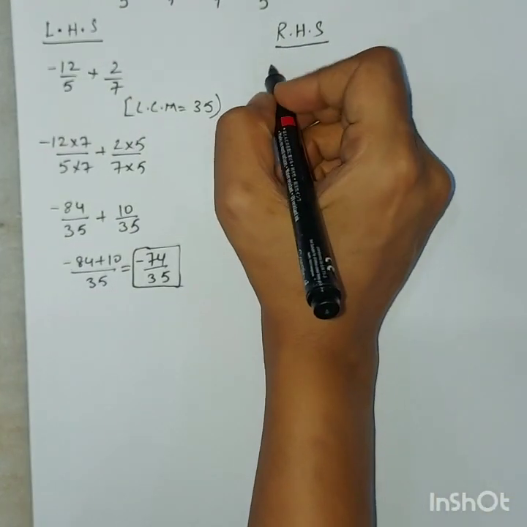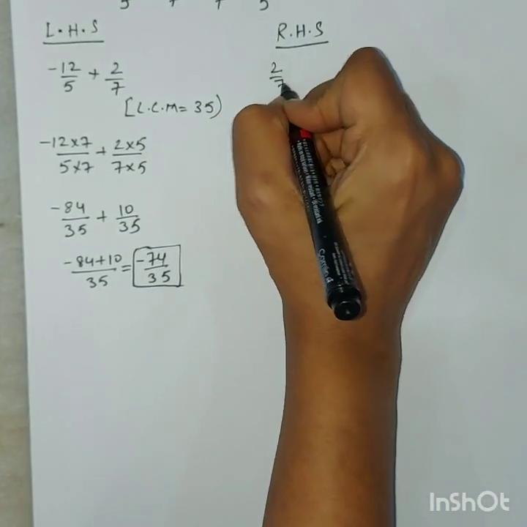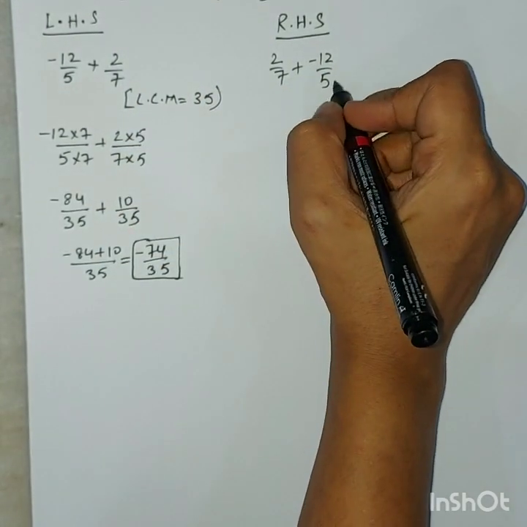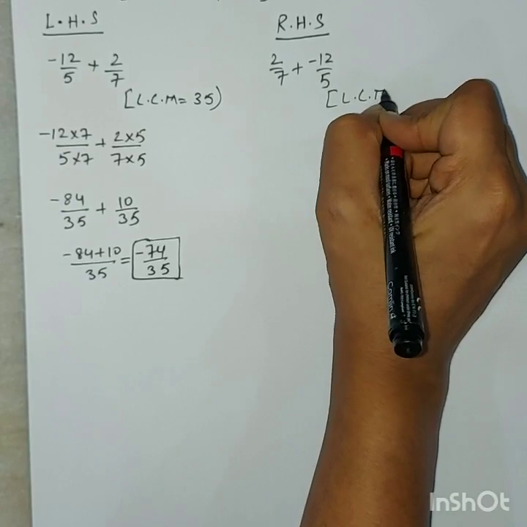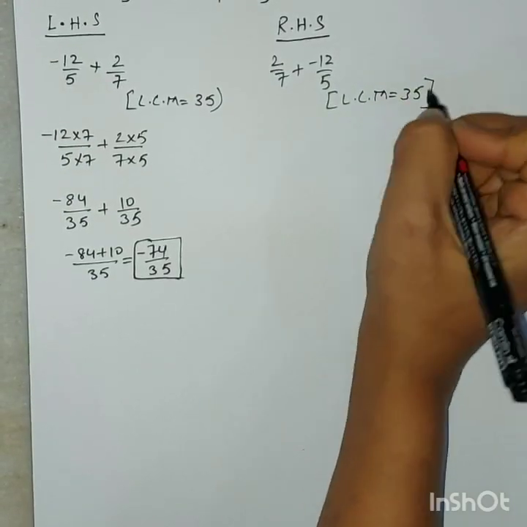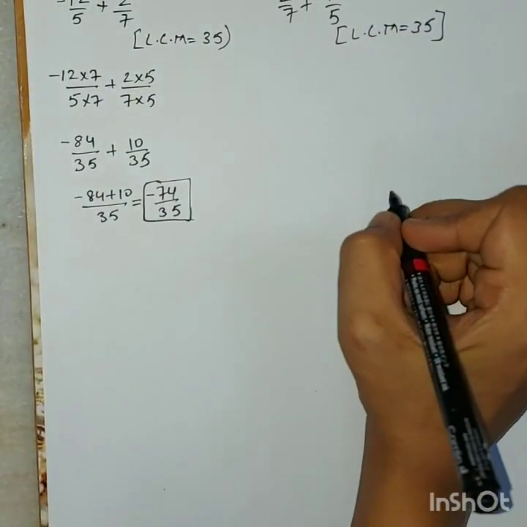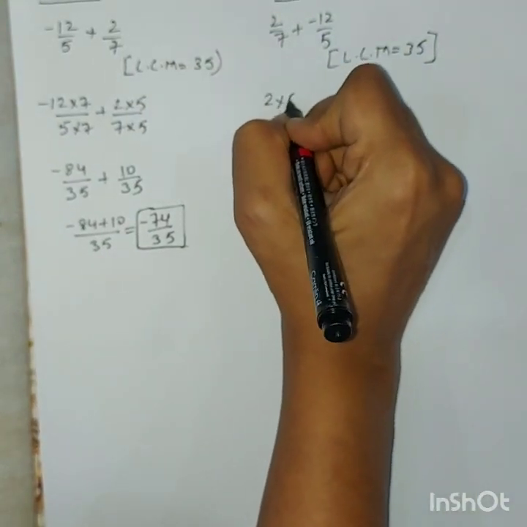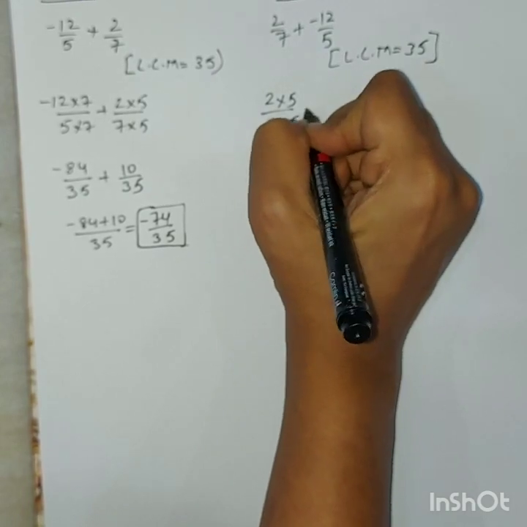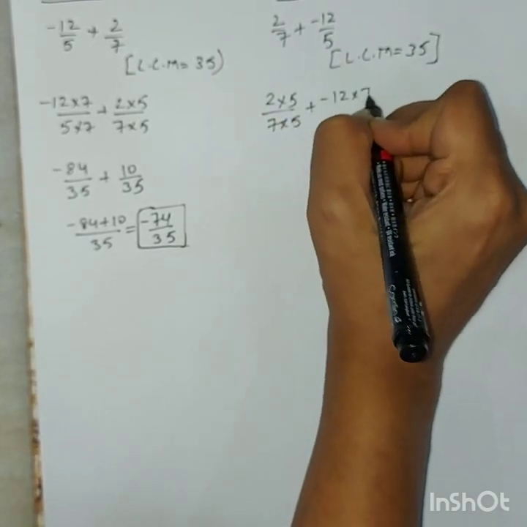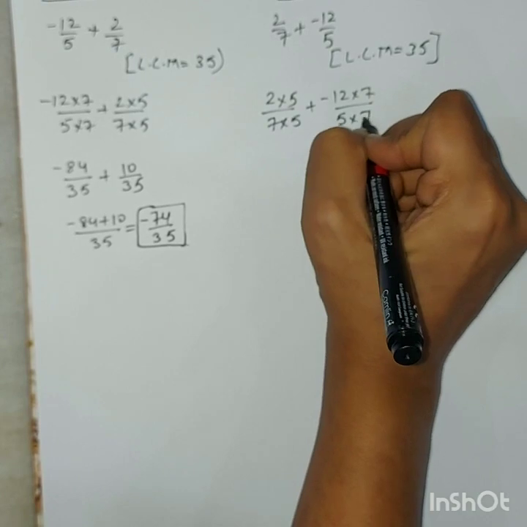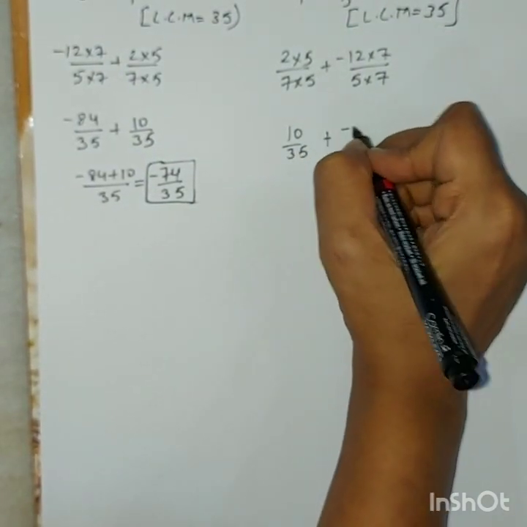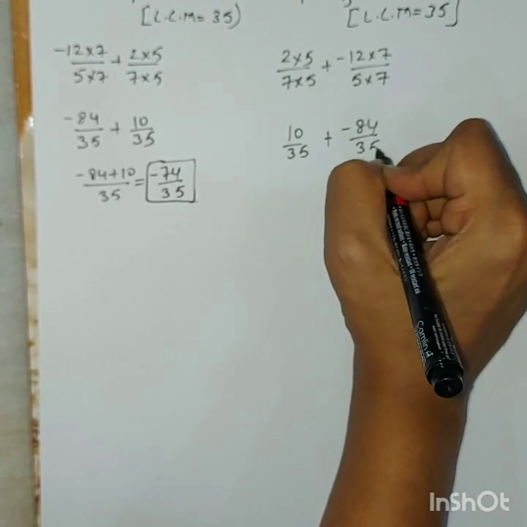In the same way I'll be solving 2 upon 7 plus minus 12 upon 5. The same steps will follow. LCM equals 35. Following the same steps, you finally get 2 into 5 upon 7 into 5 plus minus 12 into 7 upon 5 into 7, that is 10 upon 35 plus minus 84 upon 35.